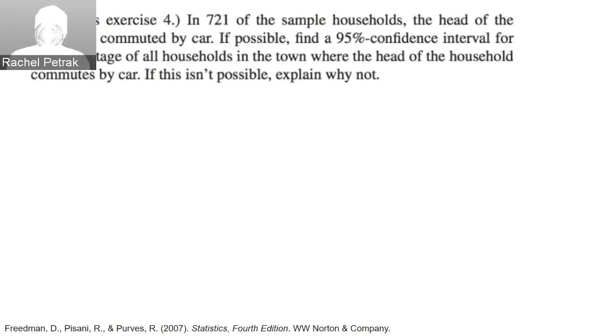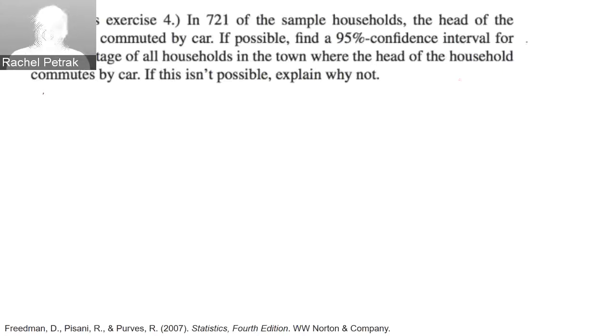In 721 of the sample households, the head of the household commuted by car. Find a confidence interval for the percentage of households in the town where the head of household commutes by car. Okay, well, this is pretty easy.